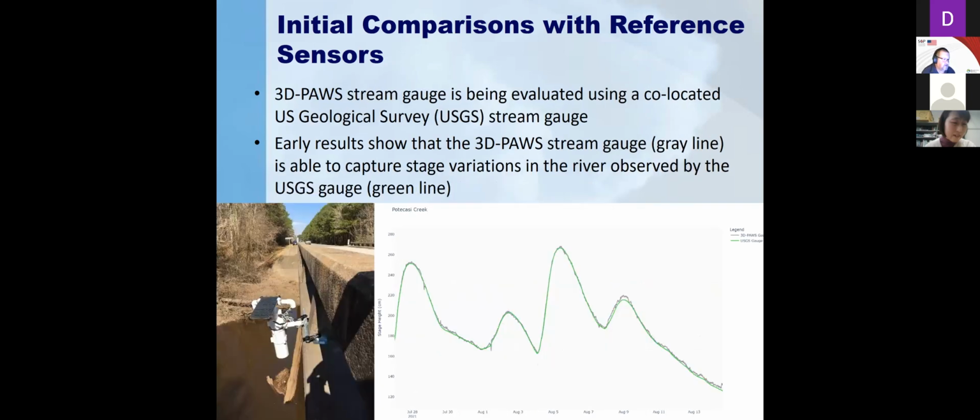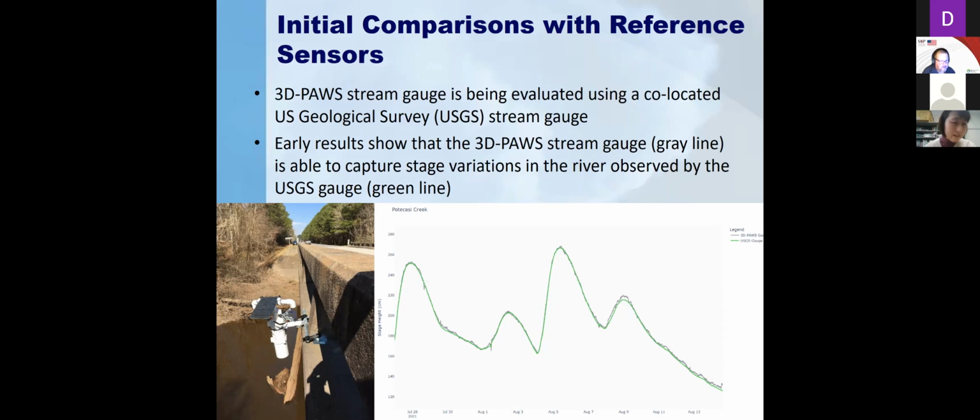Going back to our stream gauge in North Carolina, again, in a comparison with a USGS stream gauge. In this case, you look at the time series of the data collected from this gauge. The USGS is in green, our station's in gray. And again, you can see that we really capture the variations in stage height from this river.